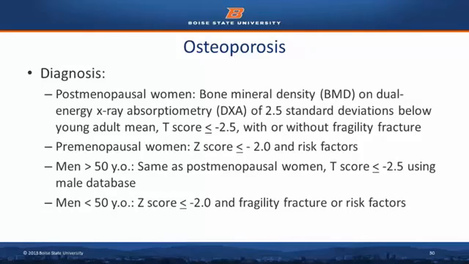They have a T-score that needs to be at or below negative 2.5, and they use a male database to calculate that. And men less than 50, it's a Z-score, again, age-matched normals, and they need to be at negative 2 standard deviations below their age-matched normals and have a fragility fracture or risk factors.